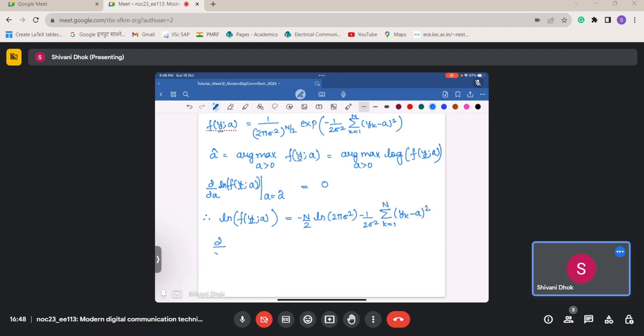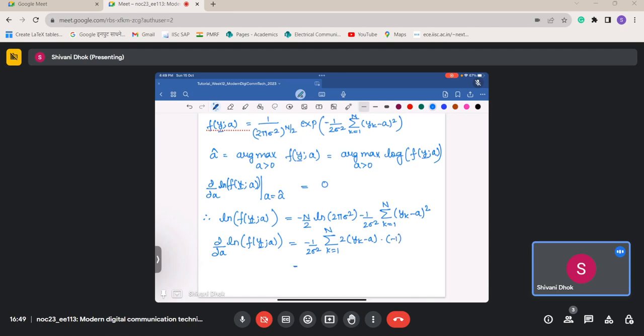This comes out to be: the first term is constant with respect to a, so it is 0, and the second term will be 1 by 2 sigma square summation k running from 1 to capital N of 2 times (yk minus a) multiplied by minus 1.